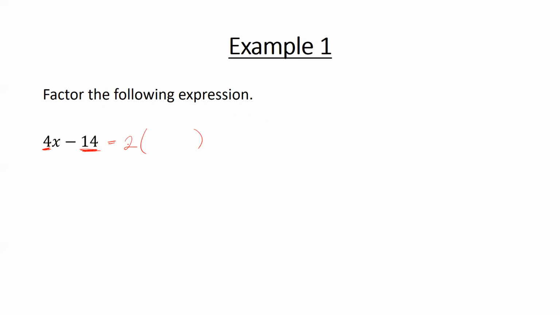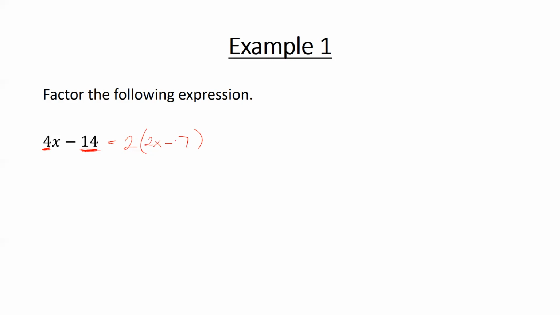Since we're undoing a multiplication by 2, another way of saying it is we're dividing by 2. So 4x divided by 2 is 2x, and 14 divided by 2 is 7. So we have 2 times 2x minus 7.